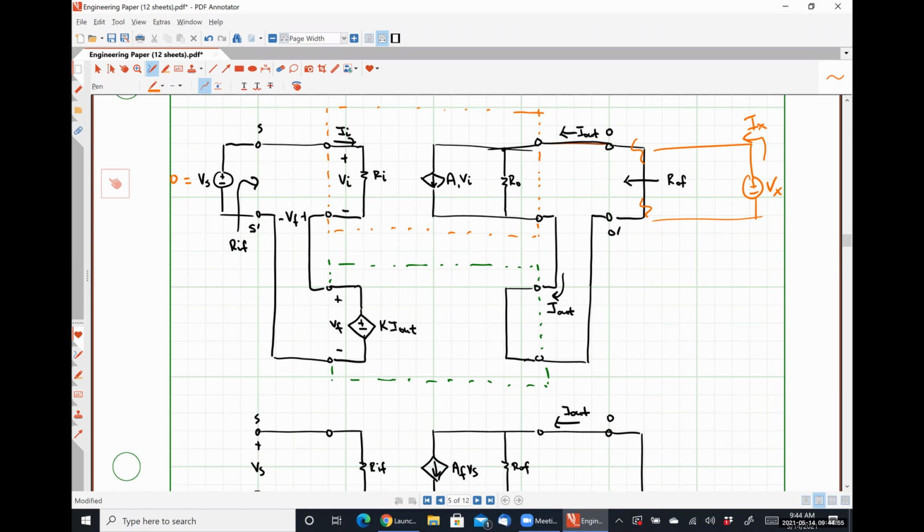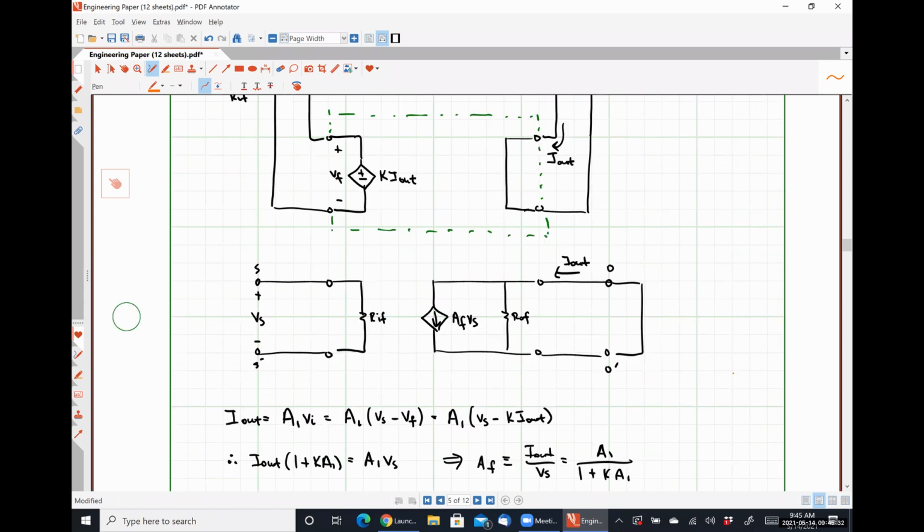The ratio between that test voltage Vx and the current leaving the test voltage, which is Ix, is our output resistance. It's the traditional means by which we measure output resistance. We zero the input, apply a test source, and then take the ratio of the test voltage to the test current. It should be pretty easy to see here that our test current Ix is exactly equal to our output current for our amplifier, I_out, because they are in series with each other and they have the same direction. Everybody okay with that?